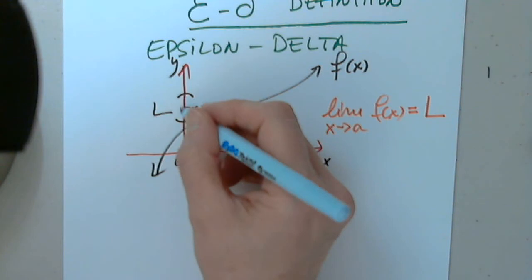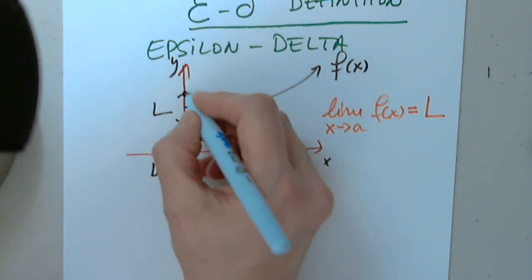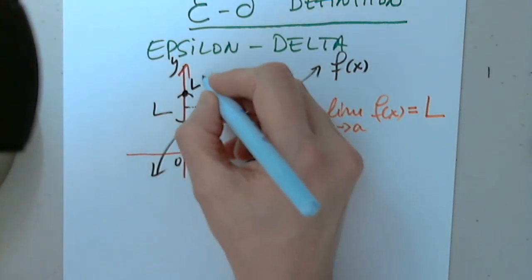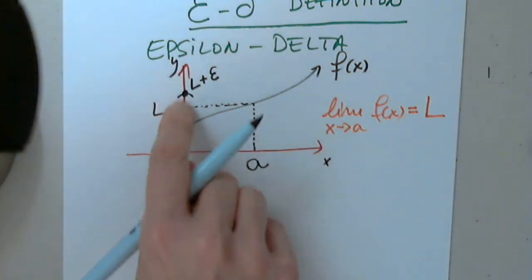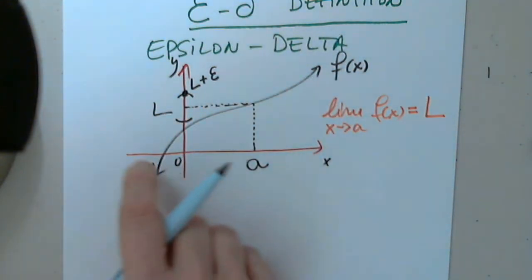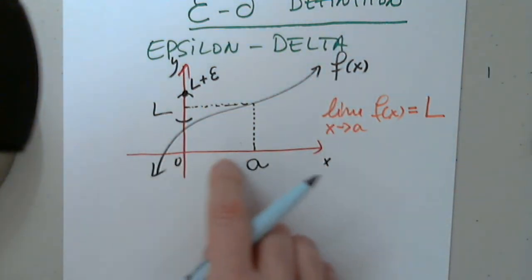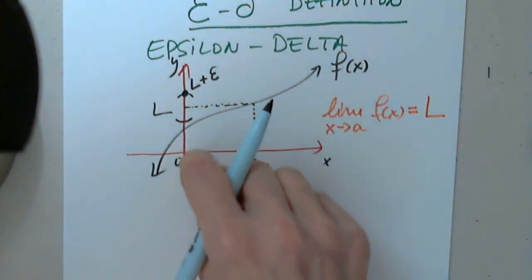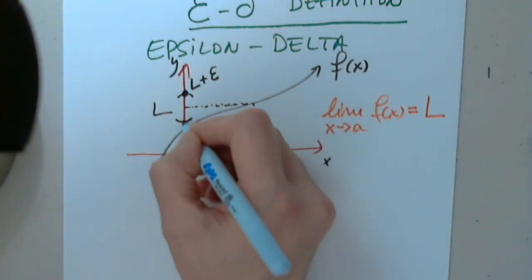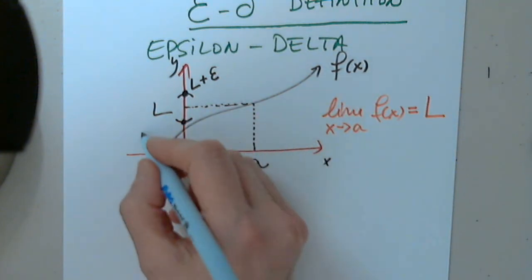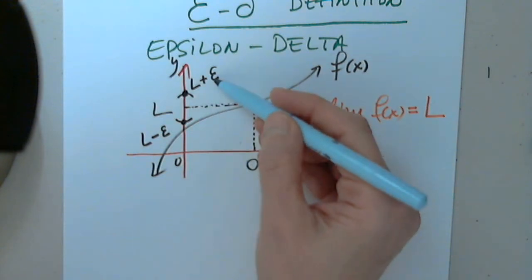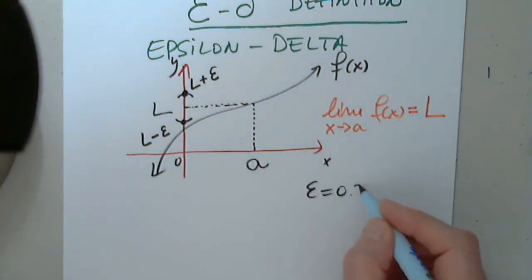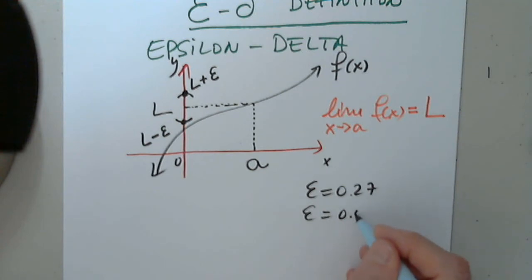around L, so this point here is L plus a little bit. So epsilon goes with the y-axis, delta goes with the x-axis. Okay, so epsilon is on the y with the function value. Okay, here symmetric interval will be L minus epsilon. So if we choose an epsilon like 0.27, 0.01, small, of course positive.